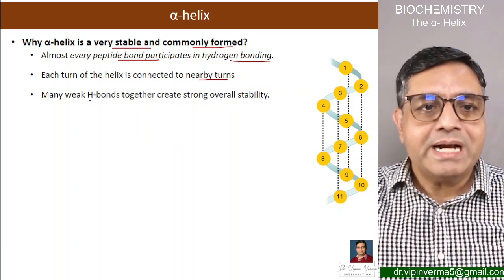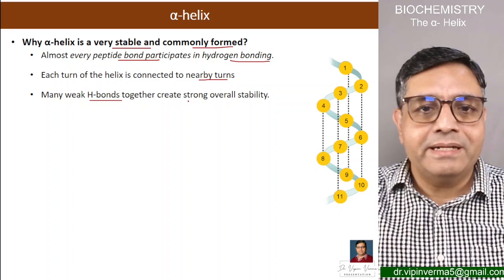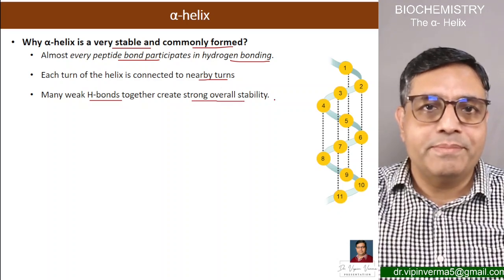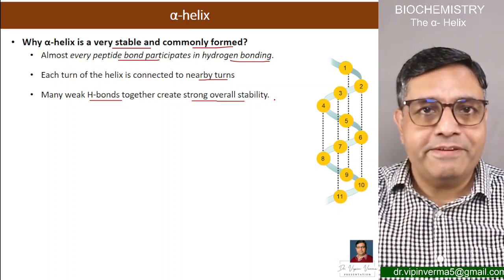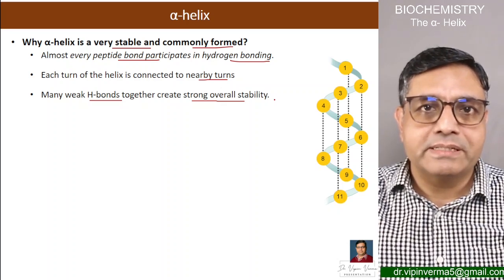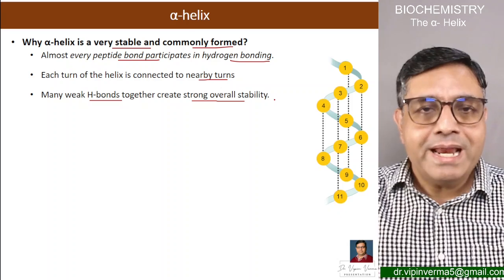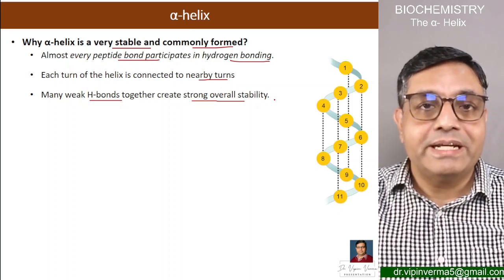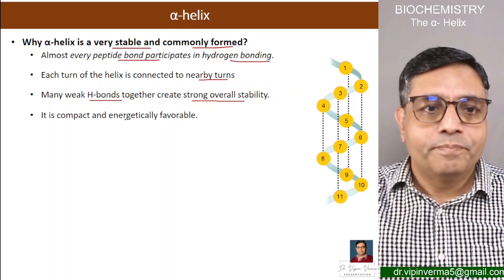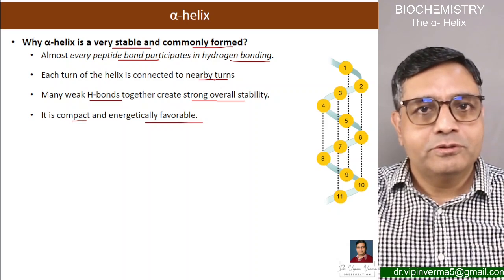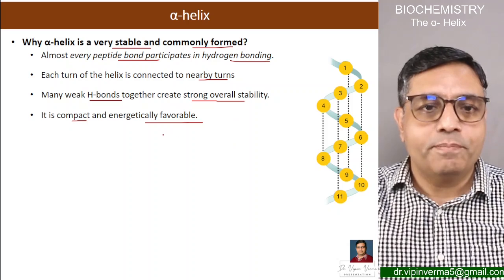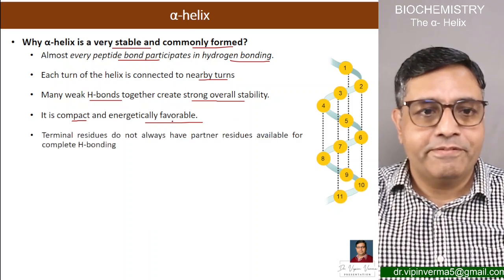Many weak hydrogen bonds together create strong overall stability. Individually, the hydrogen bonds are very weak, as you have seen in the previous class, but collectively they are very strong. So once the helix is formed, it is compact and energetically favorable.